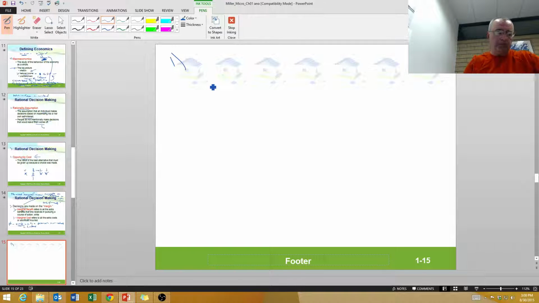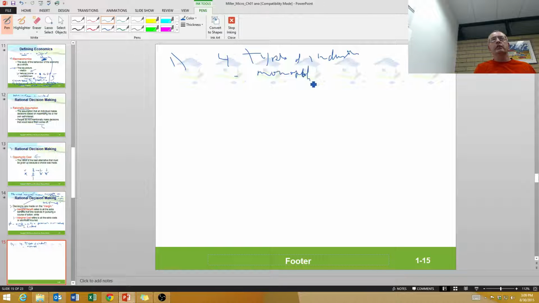So the first example is when we get into chapters, I think it's 8, 9, 10, and 11, and we look at these different types of industries. There's 4 types of industries that we look at in micro. We look at monopoly. I shouldn't have done that. Anyway, monopoly. We look at perfectly competitive.